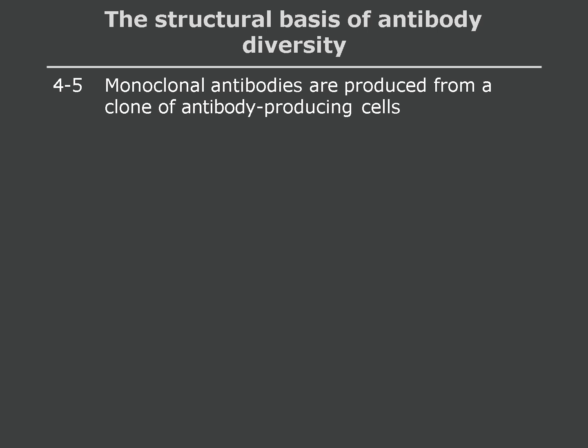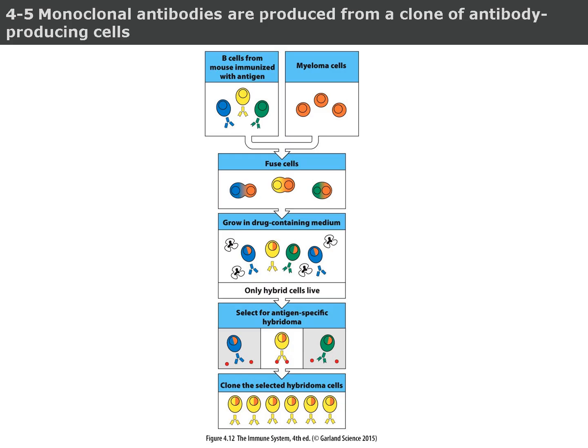Monoclonal antibodies are produced from a clone of antibody-producing cells. This figure illustrates the step-by-step process of generating monoclonal antibodies using hybridoma technology. The process begins with the isolation of B cells from a mouse that has been immunized with a specific antigen. These B cells are capable of producing antibodies against the antigen.